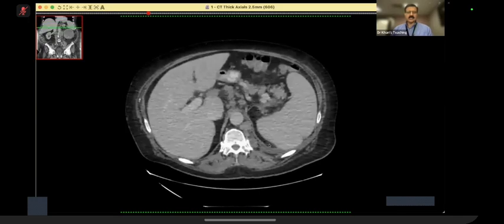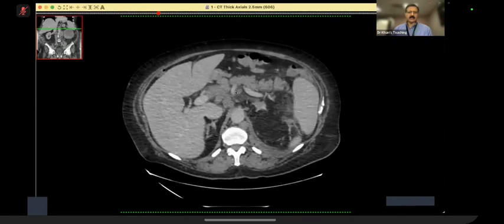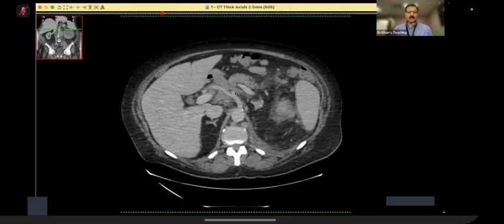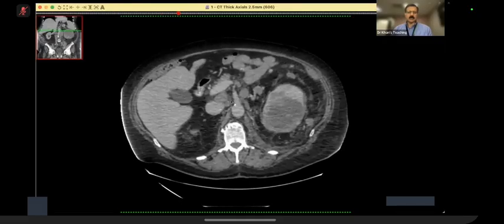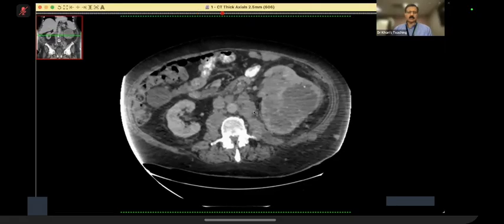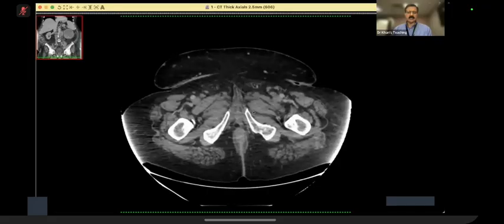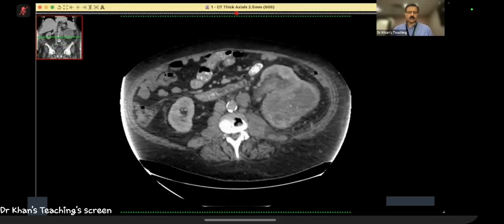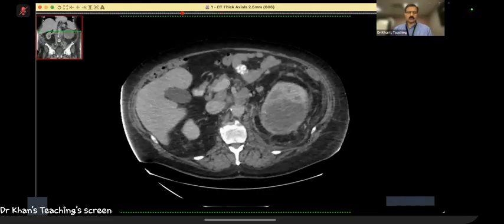So this is a satisfaction of search case. Easy case, but multiple findings. To pass this case is very easy, but to get more marks, you have to highlight each and everything. Now, there are upper abdominal lymph nodes, there are para-aortic lymph nodes. As the candidate also pointed out, there are soft tissue nodules. You see these nodules are soft tissue nodules.